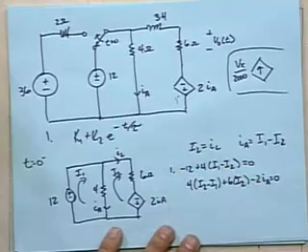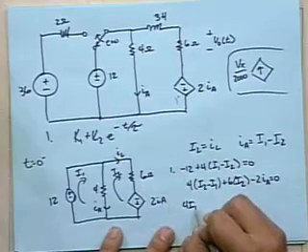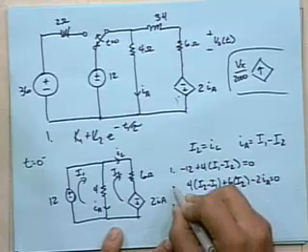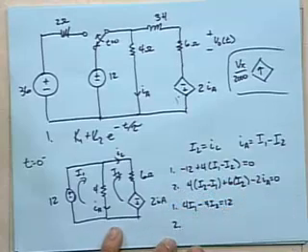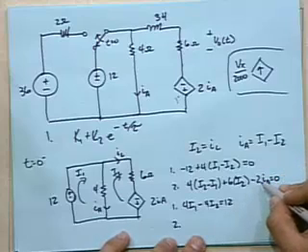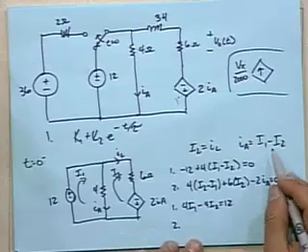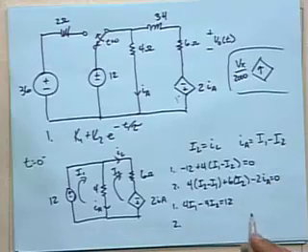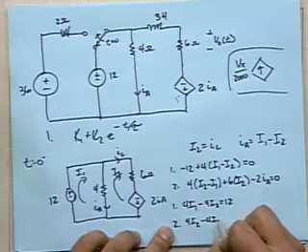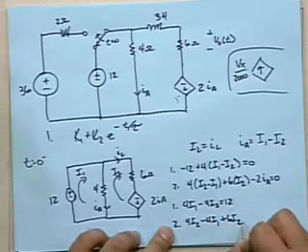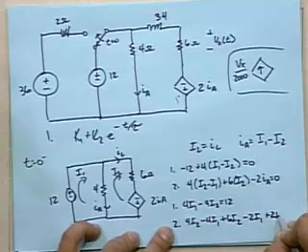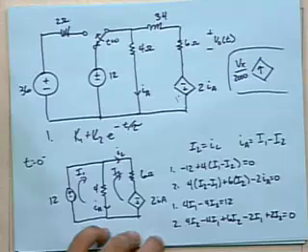Simplifying the first equation, we have 4I1 minus 4I2 equals 12. Simplifying the second equation, we've got 4I2 minus 4I1 plus 6I2 minus 2I1 plus 2I2 equals 0.